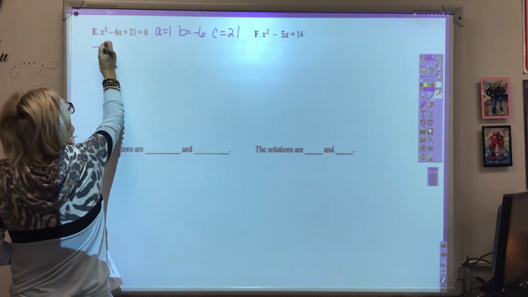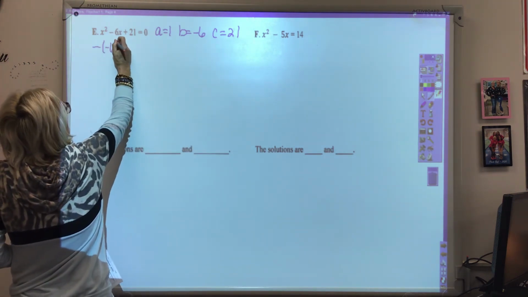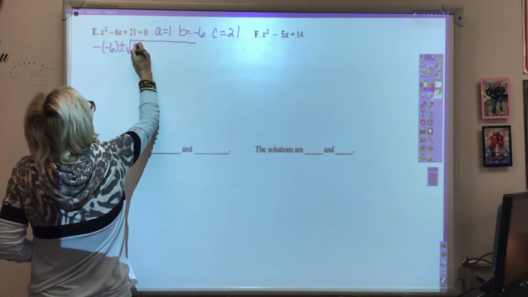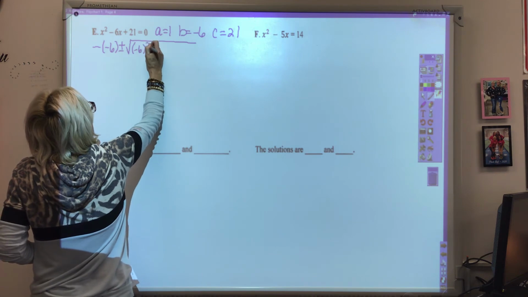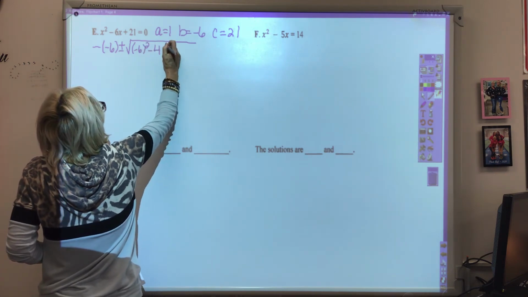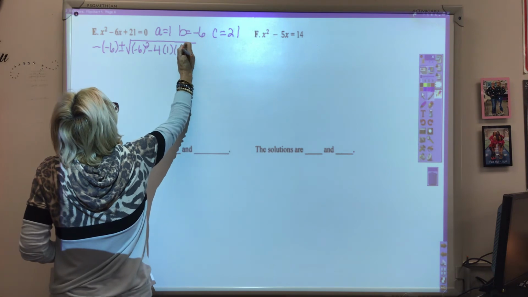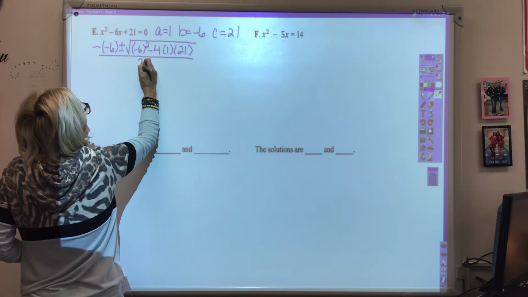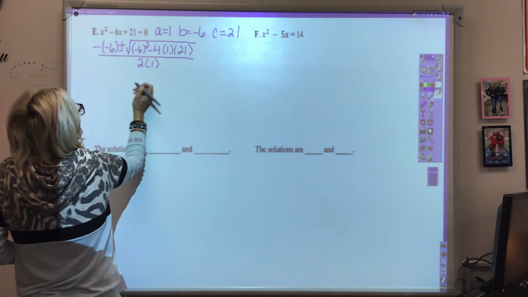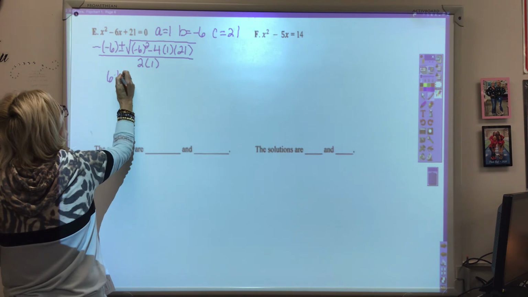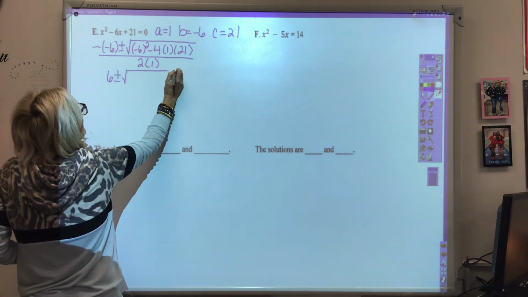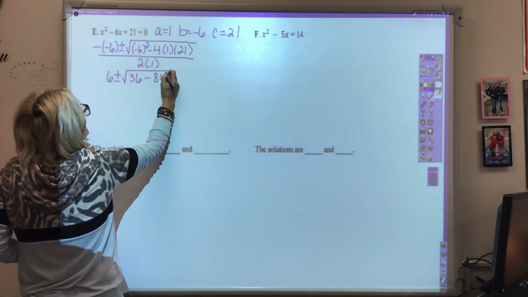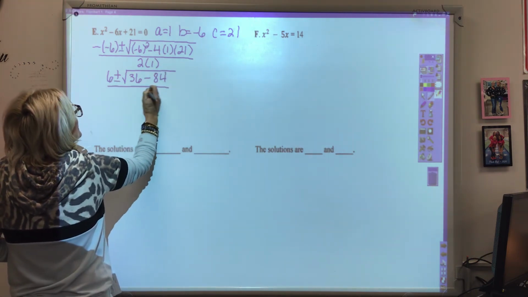So we'll have the opposite of negative 6 plus or minus the square root of negative 6 squared minus 4 times 1 times 21 all divided by 2 times 1. 6 plus minus the square root of 36 minus 84 all over 2.